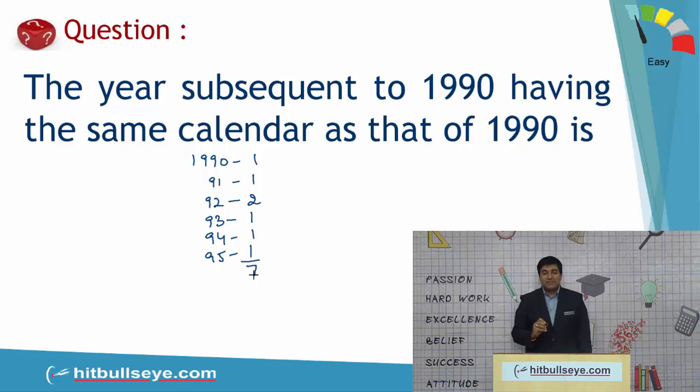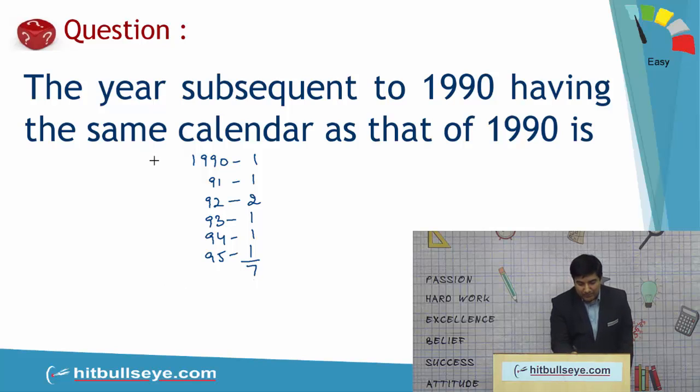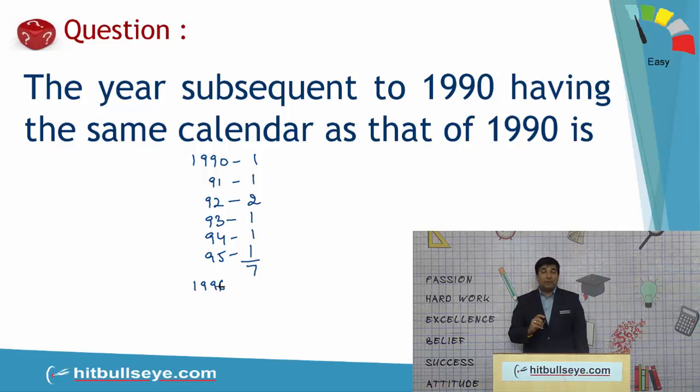So that means 1st January 1990 would be the same as 1st January 1996. But there is a problem here, because 1996 being a leap year, the calendar will be the same only up to 28th February, because 1990 doesn't have 29th February but 96 has.